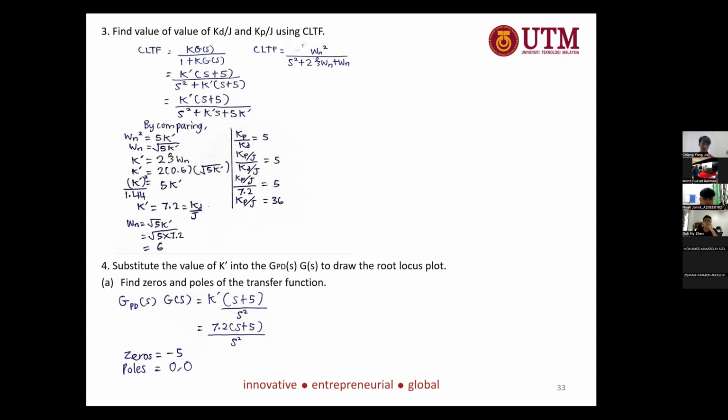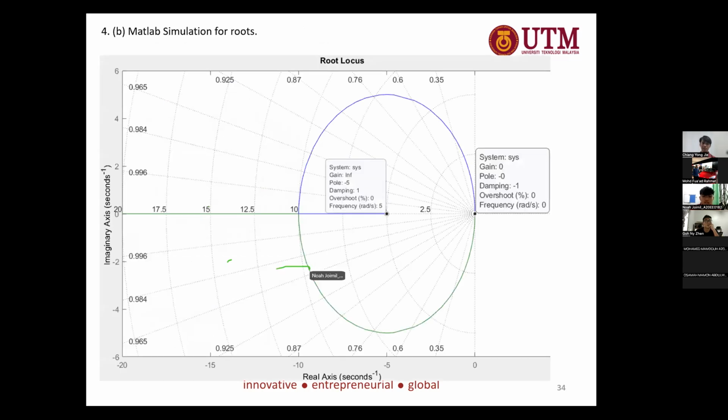And then after that, I substitute the value of K, KD over J, into my open loop transfer function, this one, so that I can draw the root locus graph. Like this. This is my MATLAB simulation for root locus.